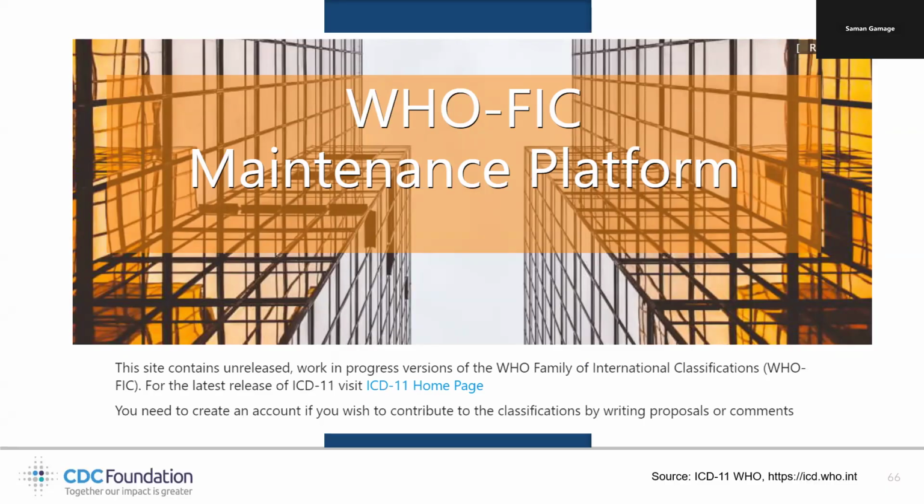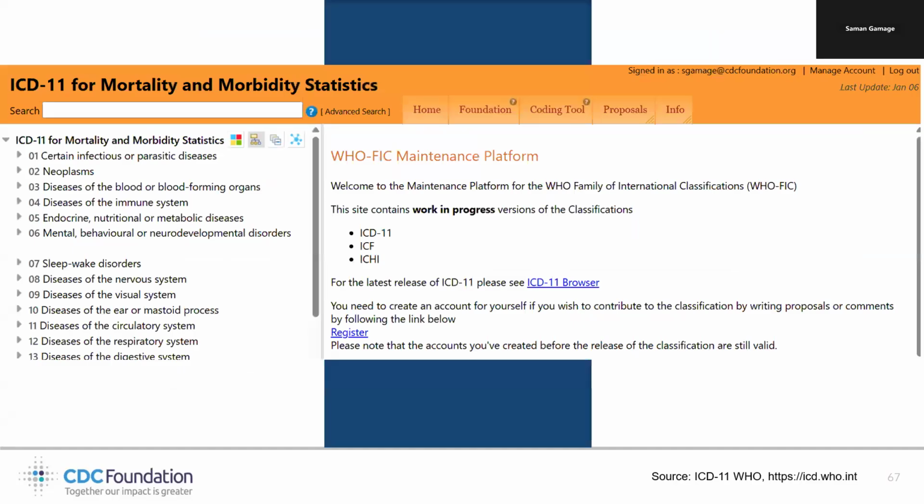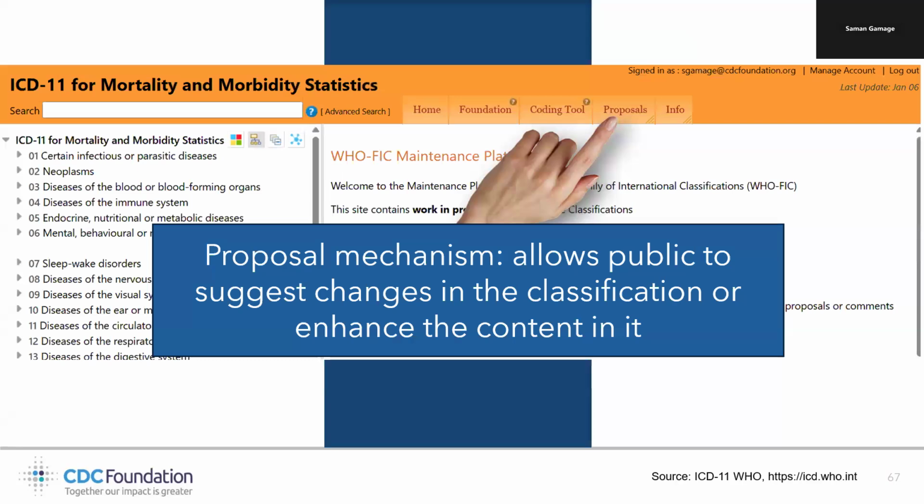Once you have created an account, you can log in and you can submit proposals. The proposal mechanism allows the public to suggest changes in the classification or enhance the content in it. So anyone can access it and suggest changes or submit proposals.